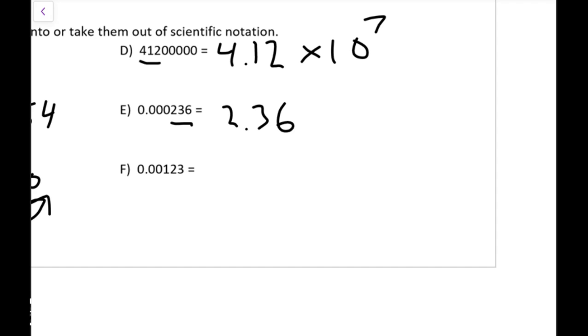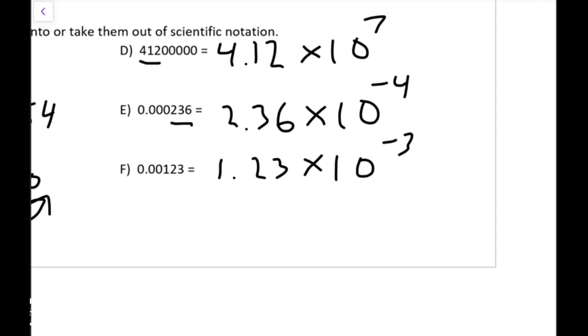But this is going to be moving the decimal place to the right here, 4 spots, so this will be times 10 to the minus 4th. And then lastly, this one's also small, and so we're going to have 1.23, 3 sig figs, and this one's moving the decimal place 3 times, so 10 to the minus 3. That's how the scientific notation works.